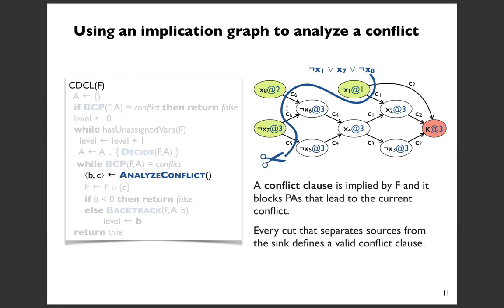So any cut that completely separates the conflict side from the source side by cutting a set of edges, what you have on the left side, a disjunction of that, will form a conflict clause.